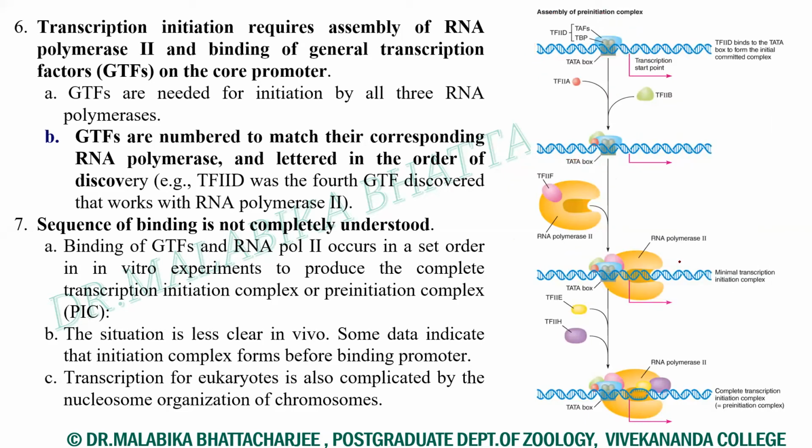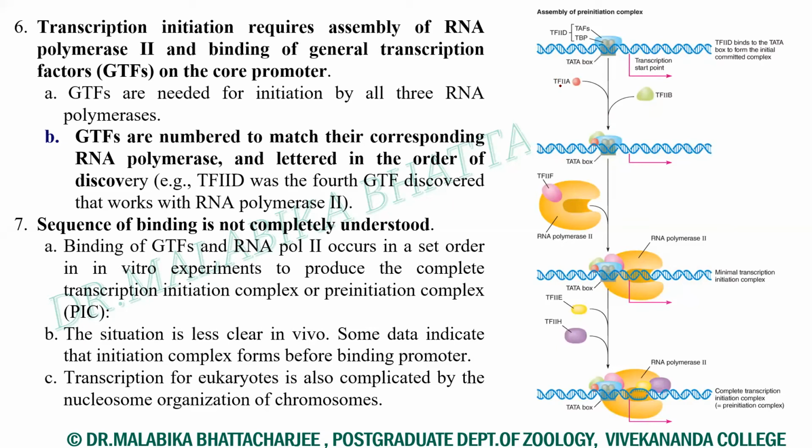Now, the well-known general transcription factors that are found here are TF2D, as you can see, TF2A, TF2B, TF2F, TF2E, TF2H. So these are the different transcription factors observed in case of eukaryotic transcription. The general transcription factors are numbered for the RNA polymerase for which they work.